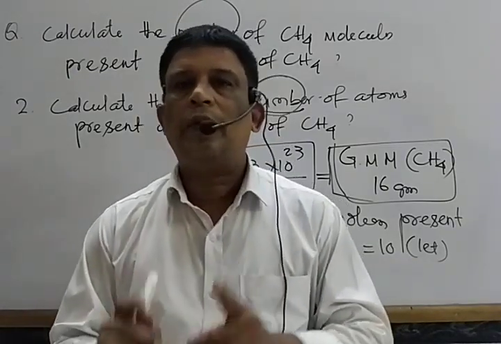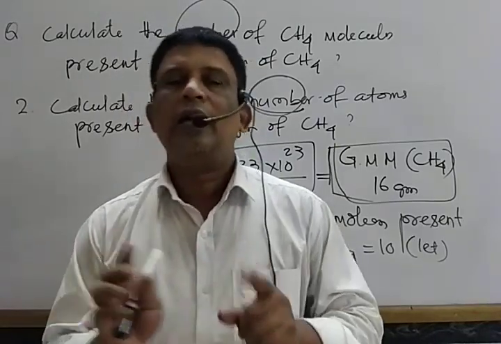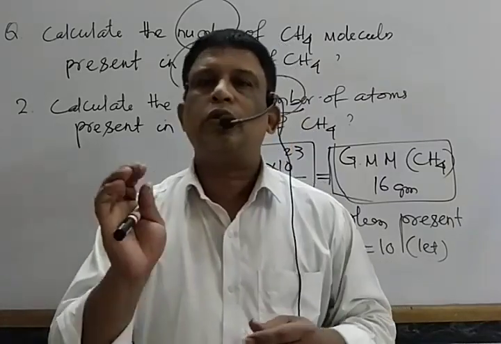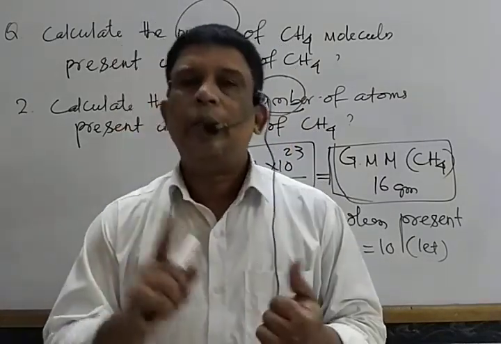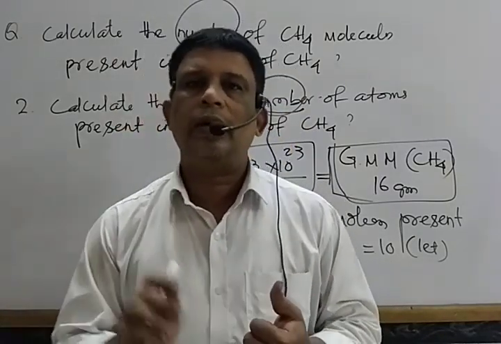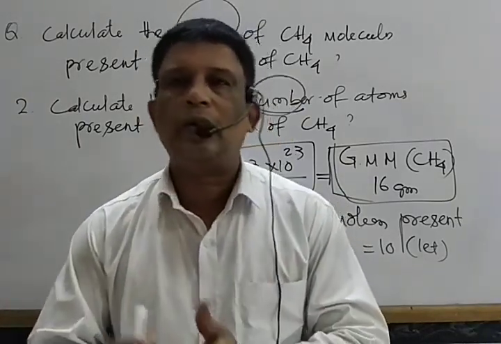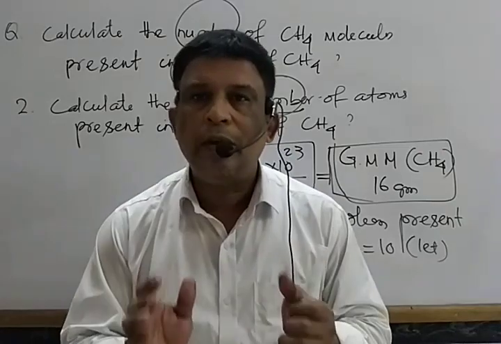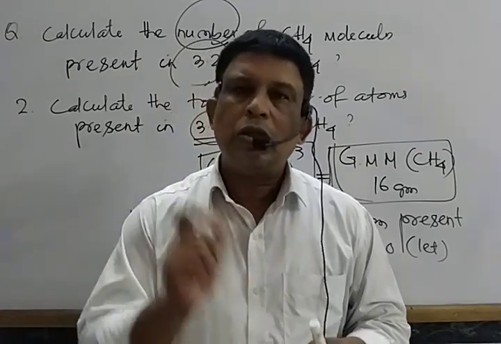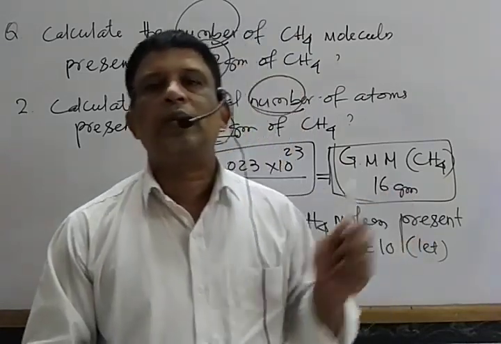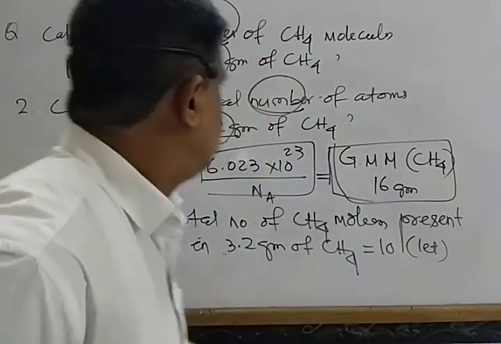Atomic number of hydrogen is 1, meaning number of electrons is 1. Atomic number of sodium is 11, meaning number of electrons is 11. Atomic number of carbon is 6, meaning number of electrons is 6. Based on this concept, we can also calculate the number of electrons, protons and neutrons from this data. Mark that.